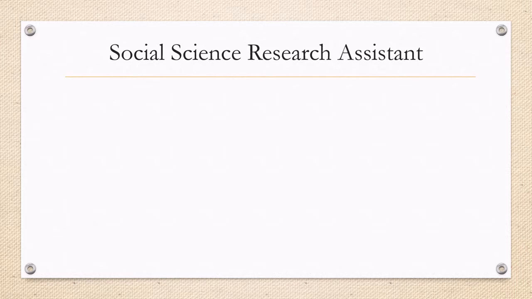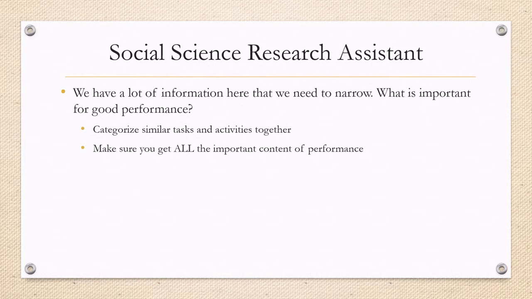So, for social science research assistant, we have a lot of information here that we need to narrow. So what is important for good performance? Are there things that we can cut out? Can we somehow categorize these? So we want to categorize similar tasks and activities together. We want to make sure you get all of the important content of performance.